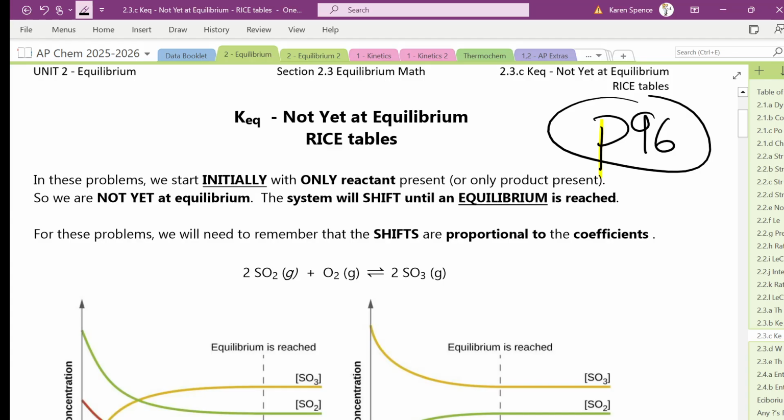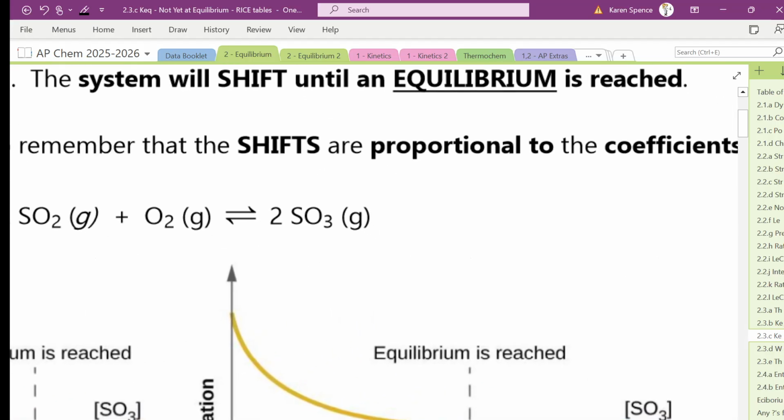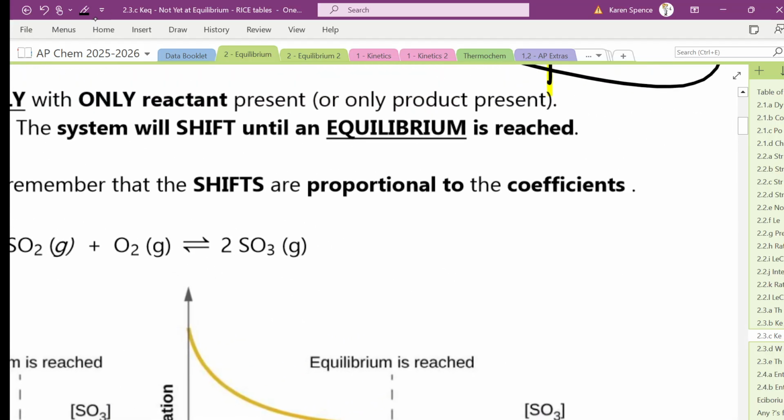So up until now, we have been only working with questions where we were at equilibrium already. But a lot of the time, we throw some reactants into a vessel and the system eventually comes to an equilibrium, yes? And so for these problems, we're going to have to look at the shifts, okay?